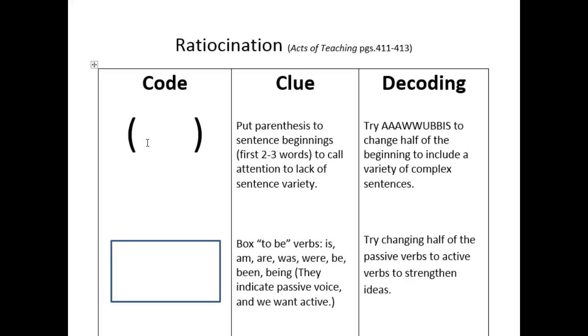Once they're able to do that, then we as teachers need to tell them how they can change the beginnings of their sentences. I would show students how I change my unvaried sentences to complex sentences with a variety of beginnings. I believe we're ready to work on audience and purpose ratiocination.